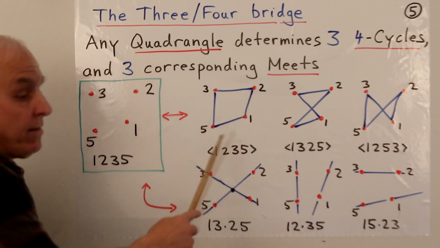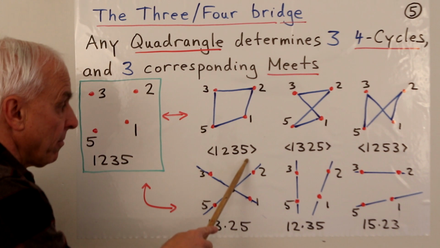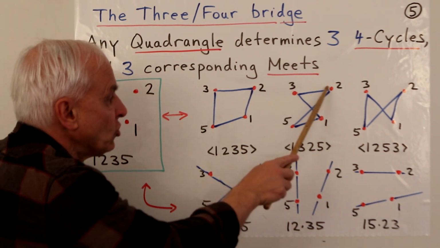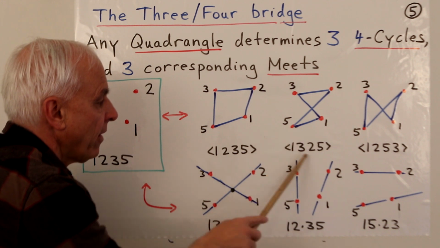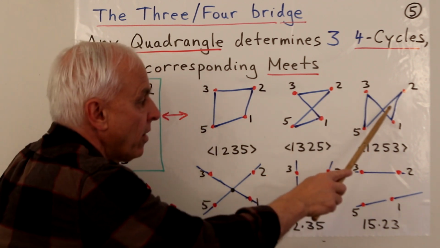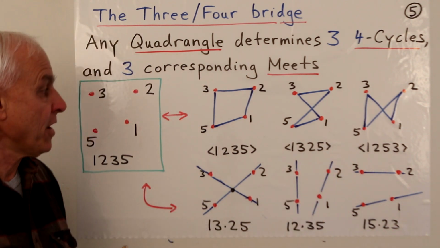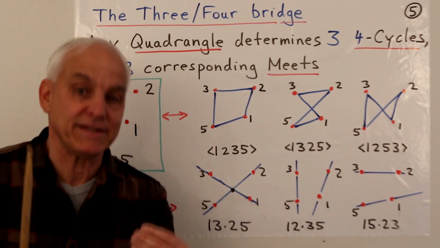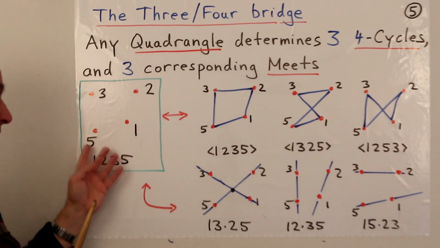We go around in this order. There's the name. Here's the second one. 1, 3, 2, 5. And here's the other one. 1, 2, 5, 3.